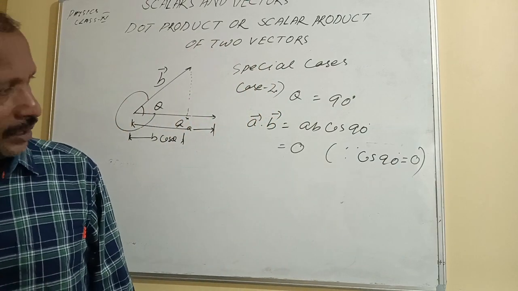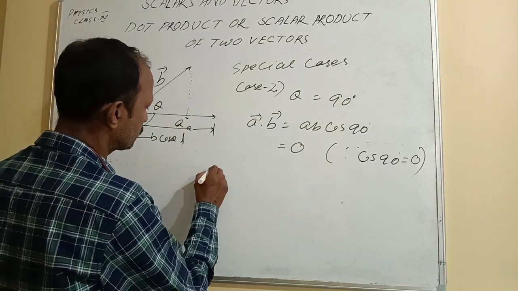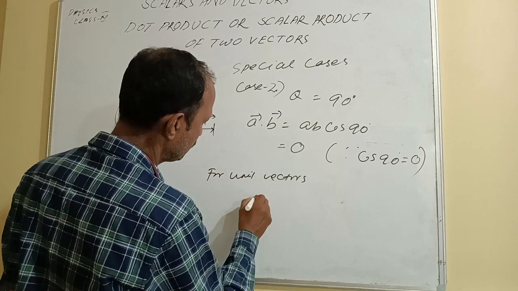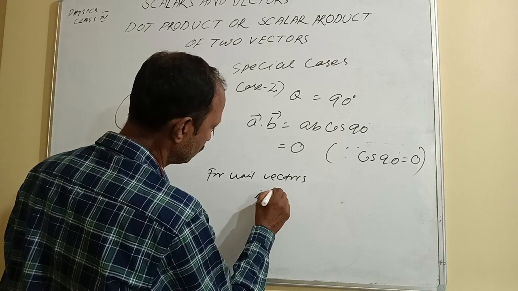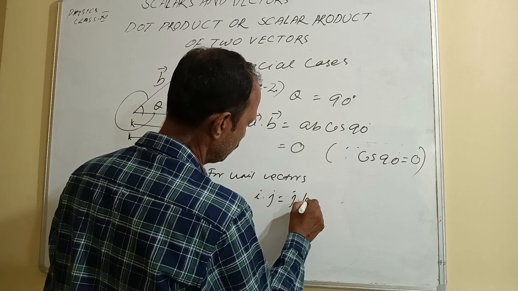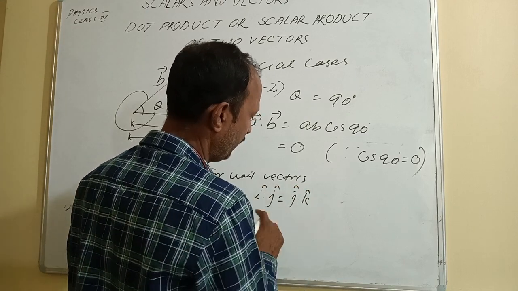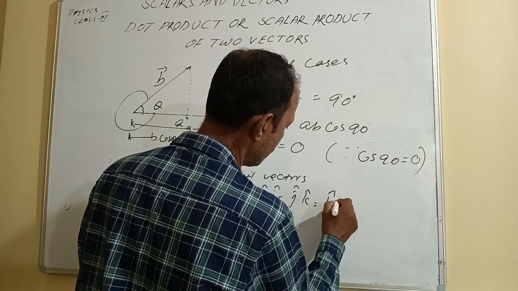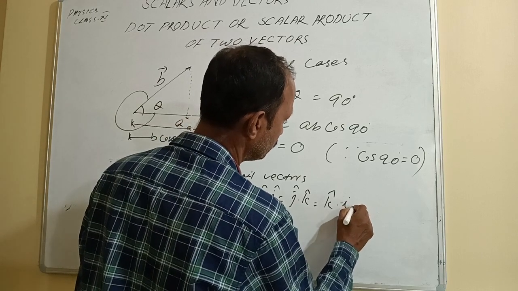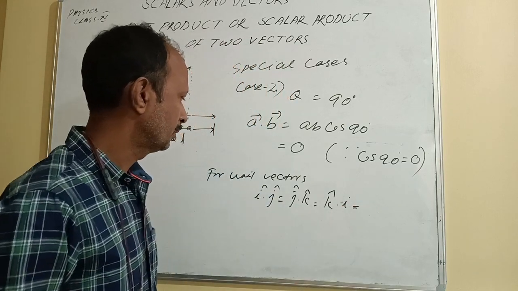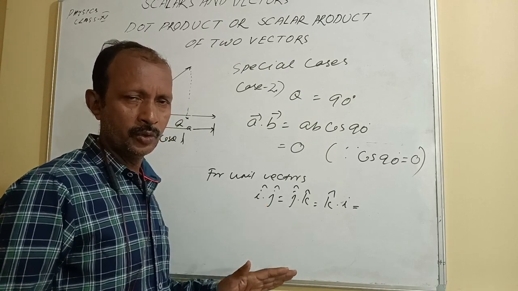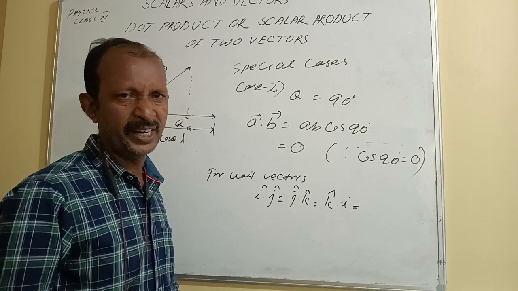Okay, and in this case if I consider the unit vectors, suppose i dot j, or j dot k, or k dot i, I am telling about the orthogonal system where the three axes are perpendicular.